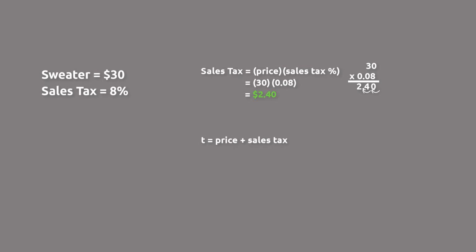We're given the price again of $30 plus the sales tax that we just figured, which is $2.40. So that gives us a total cost of $32.40. So the total cost of the sweater is $32.40.